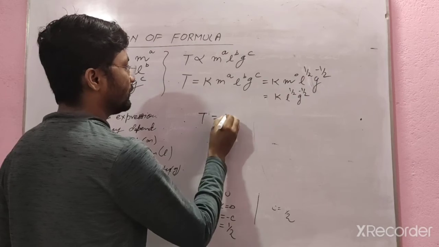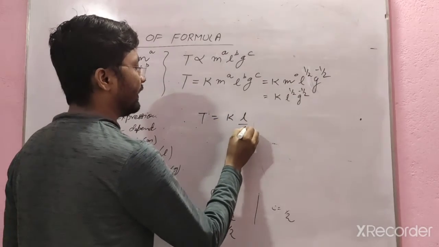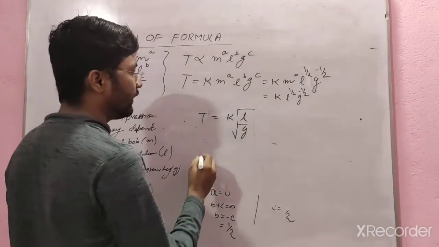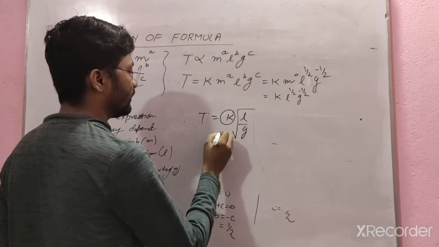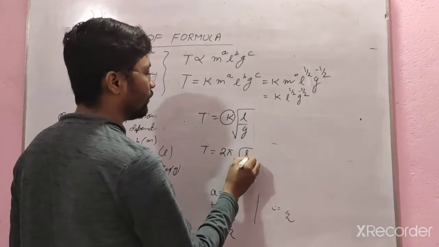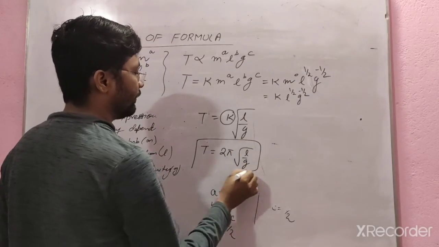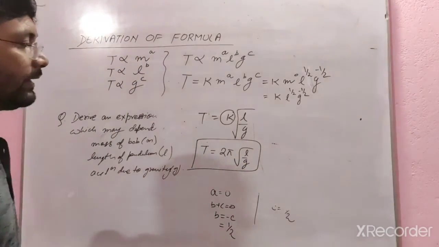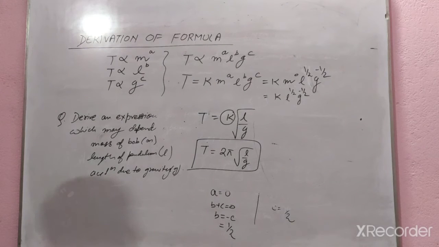So T equals k root under L by g, and the value of this constant is 2π. So time equals 2π root under L by g, and the formula for T is derived using the dimensions of its physical quantities. Okay, write it down.